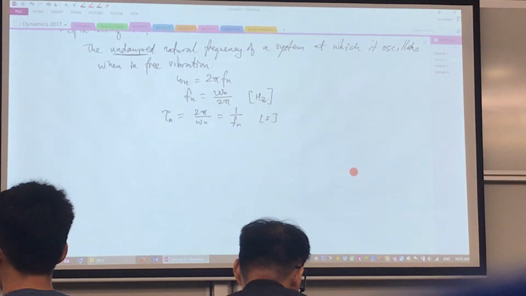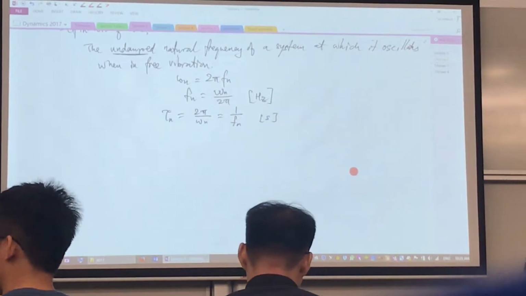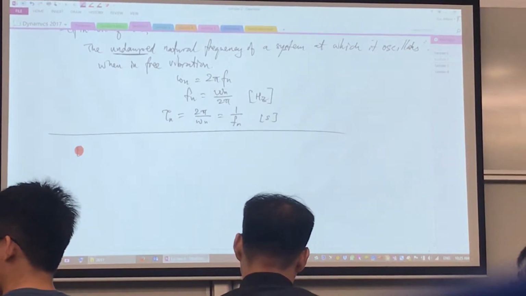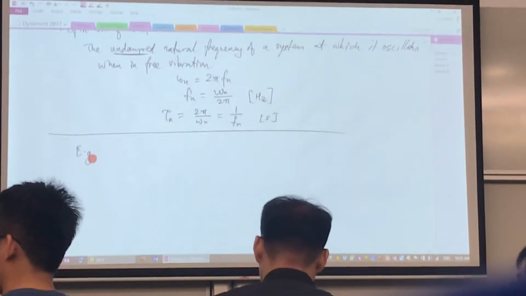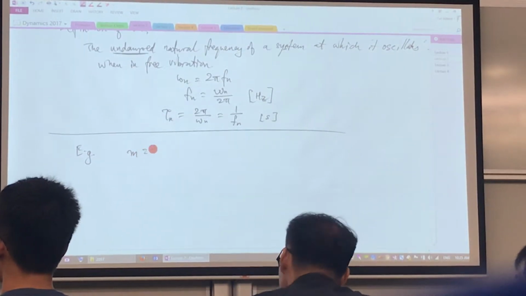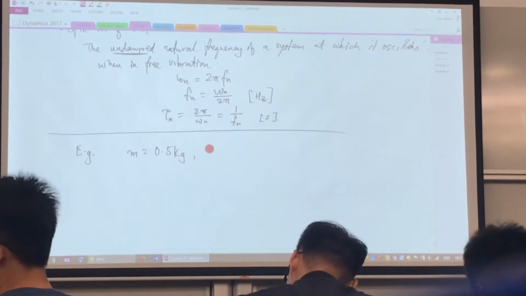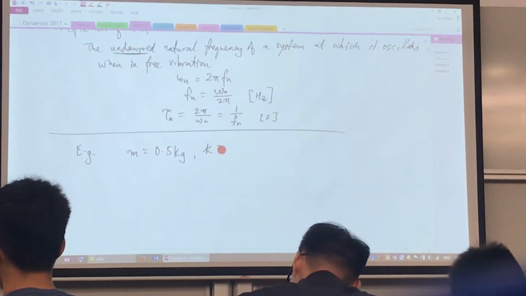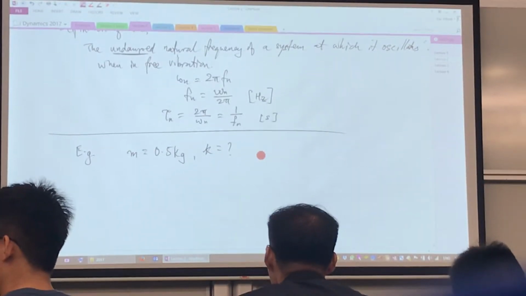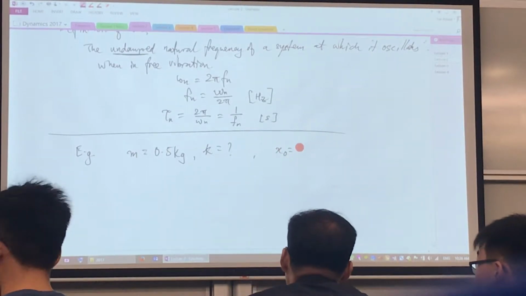So let's have a look at a small little example using some of these equations. Say the mass is equal to 0.5 kilograms. Let's say the spring constant K, something that I can work out, and x naught.